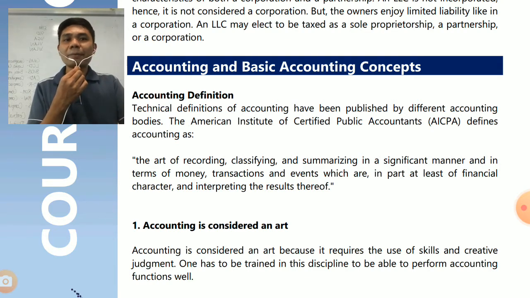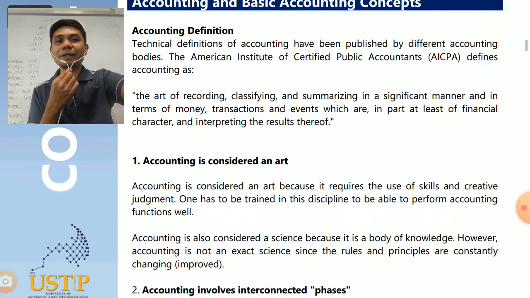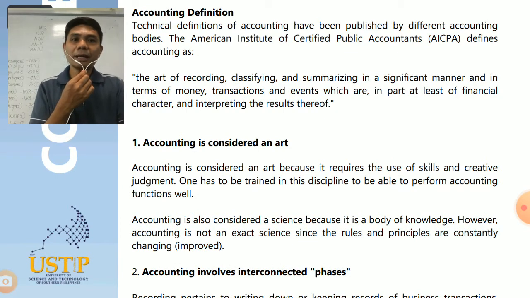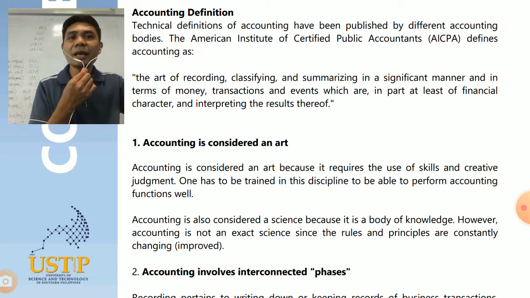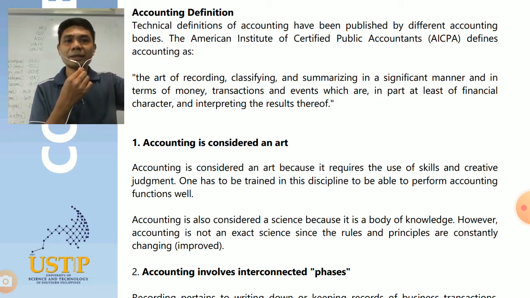Pag human og summarize, i-interpret. Di ba? So, accounting is considered an art because it requires the use of skills and creative judgment. Dapat kabalo ka unsaon pag-record, pag-classify, pag-summarize, pag-interpret. That is why accounting is considered an art because it uses skills.